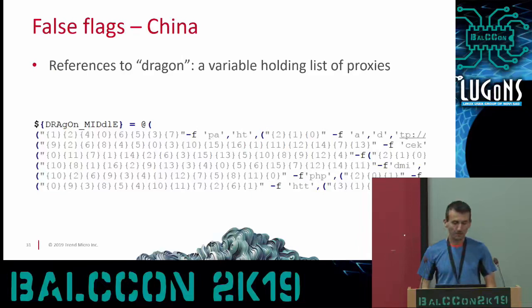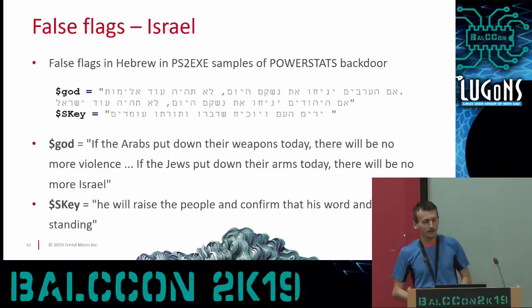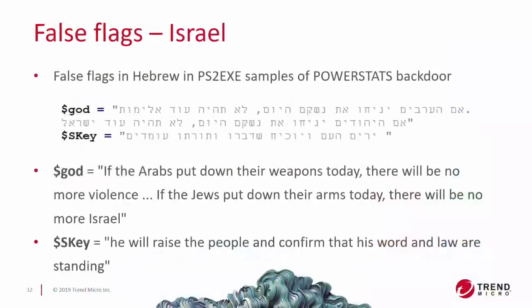Also in the same sample, one variable with the list of proxy servers, again obfuscated, but after the deobfuscation we got the URL addresses. The variable was called Dragon middle, referencing Dragon, maybe again China. In another case, there were a few messages in Hebrew. In the backdoor there were 2 variables which were not used, so they were totally useless.